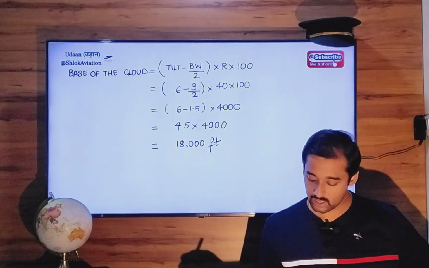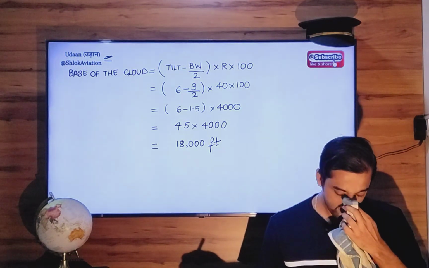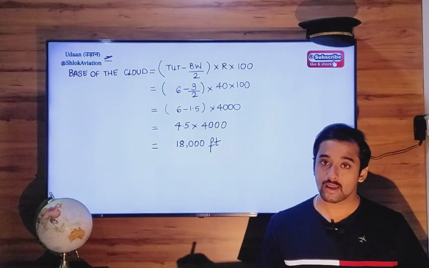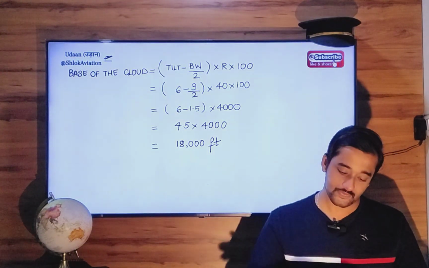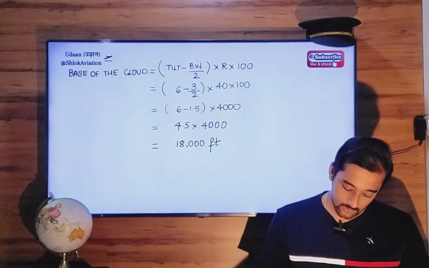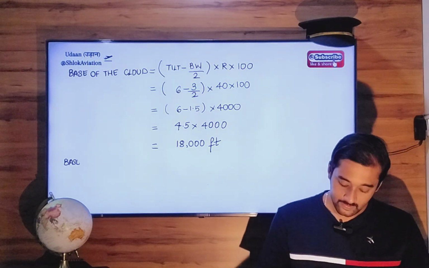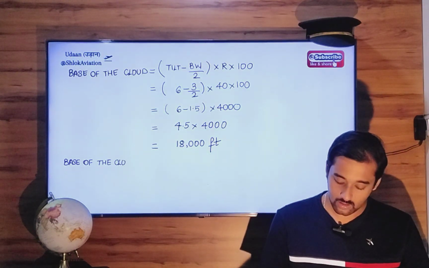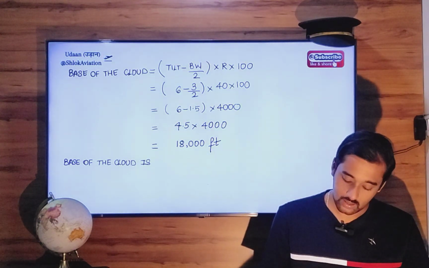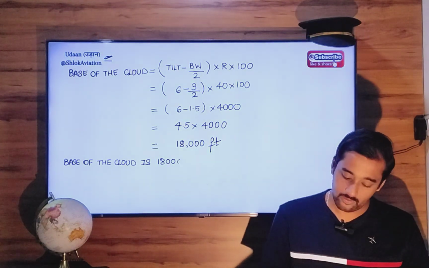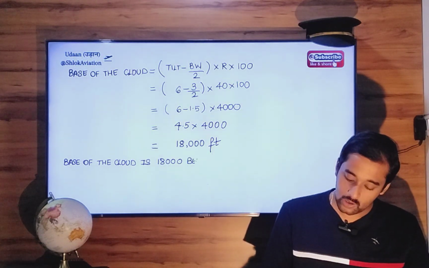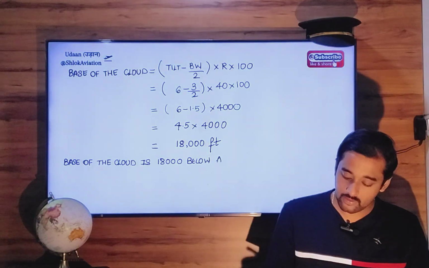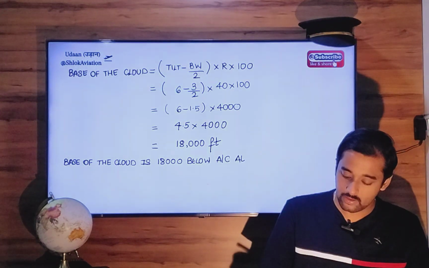That means the base of the cloud will be 18,000 feet below the aircraft altitude. Okay, base of the cloud is 18,000 feet below aircraft altitude.